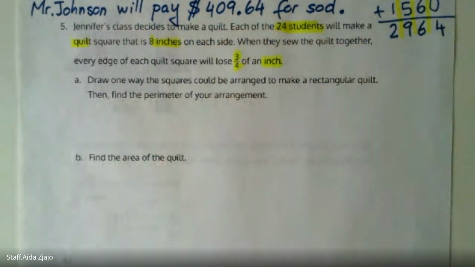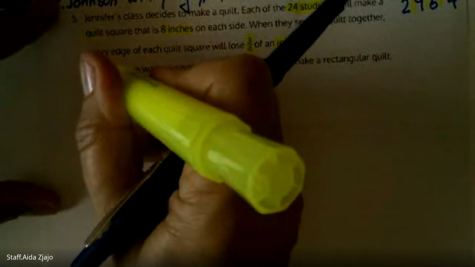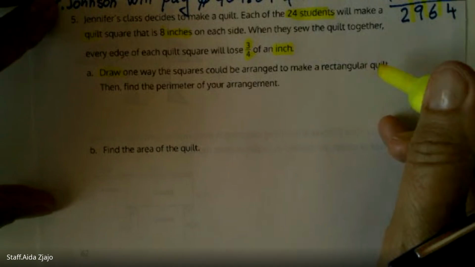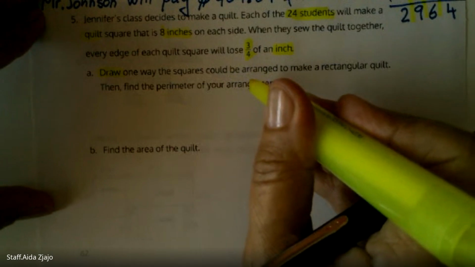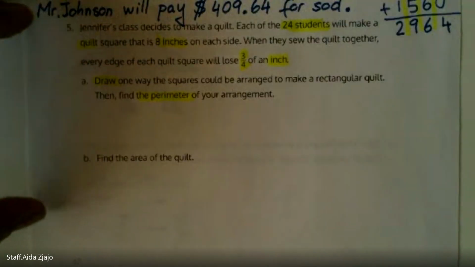Draw one way the squares could be arranged to make a rectangular quilt. Then find the perimeter of your arrangement.